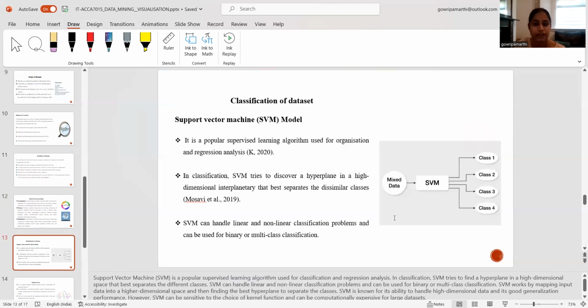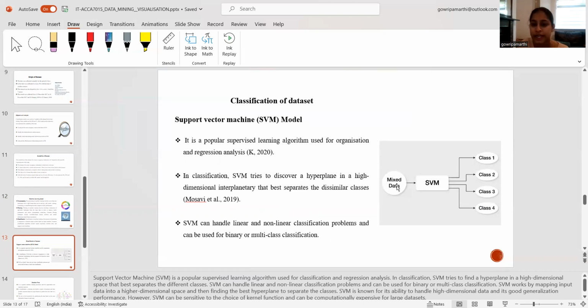Coming to the classification, the first one is the support vector machine. It is a popular supervised learning algorithm used for classification and regression analysis. In this classification, SVM tries to discover a hyperplane in a high-dimensional space that will separate the dissimilar classes.